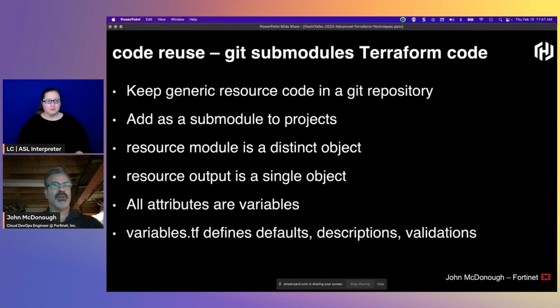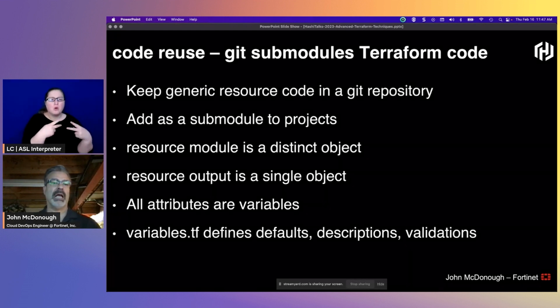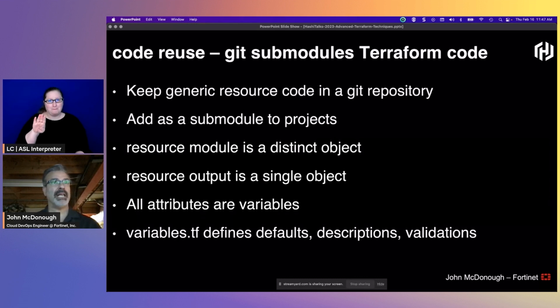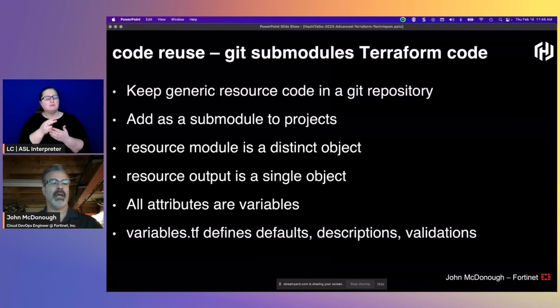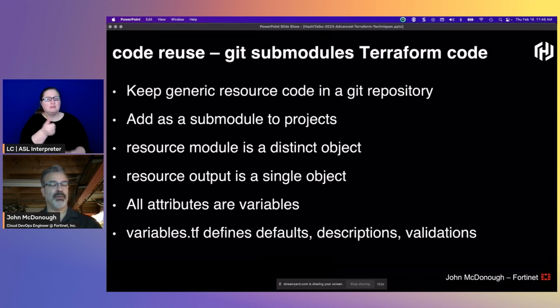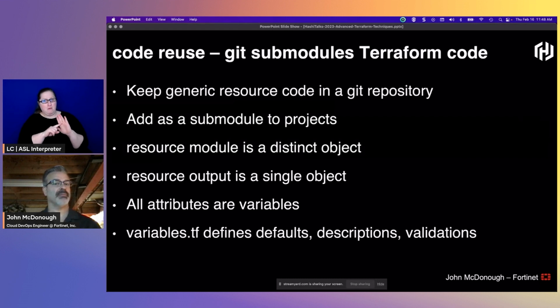What I do with Git submodules in Terraform code is I keep generic resource code in a Git repository. That's my repository called Azure. And then I add that as a submodule to my projects. Each resource module is a distinct object. The output from that module is a single object.